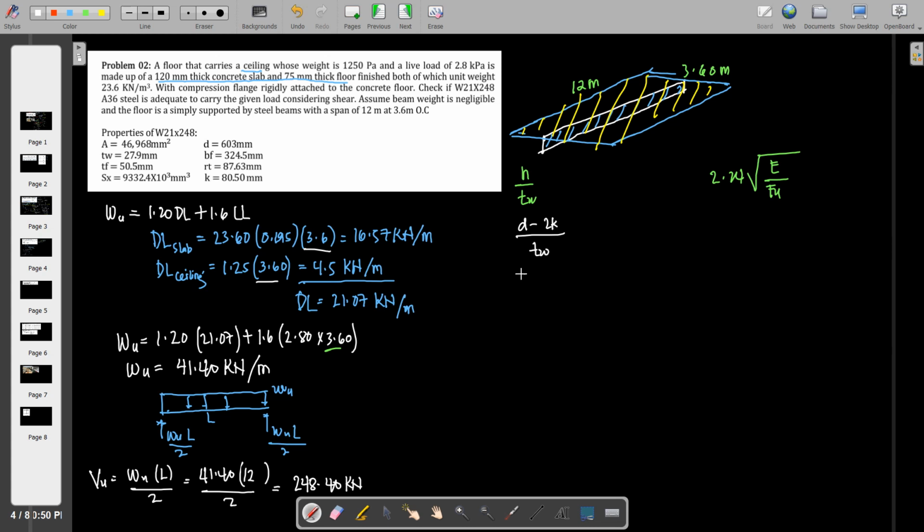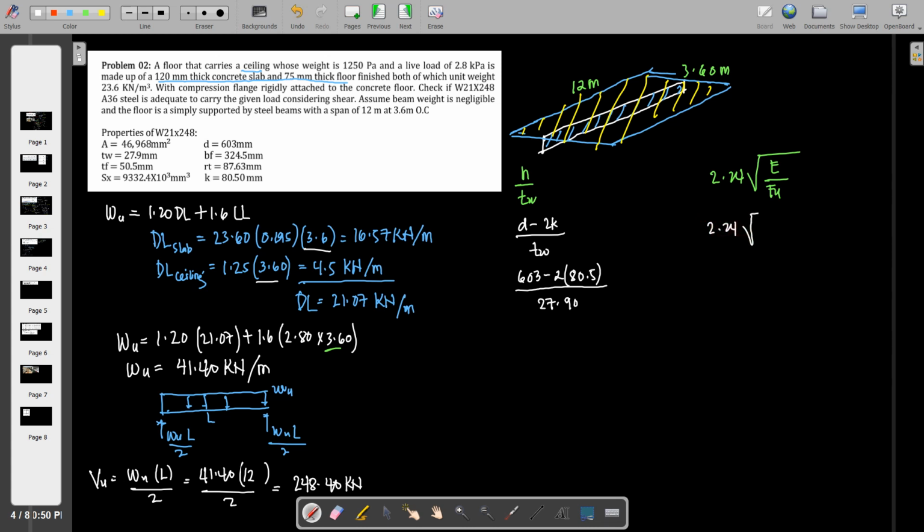So, our overall depth here is 603 minus 2 times 80.5 divided by web thickness of 27.9.